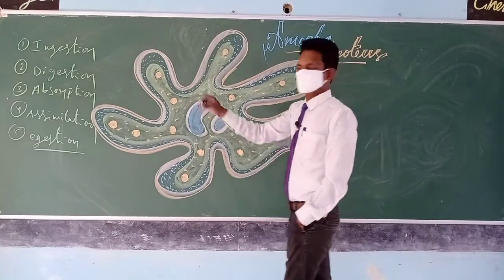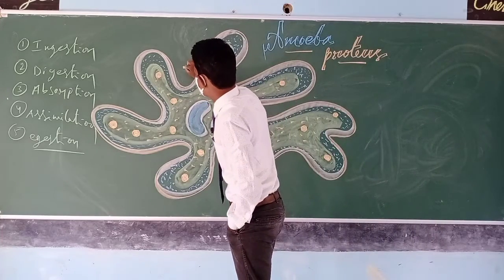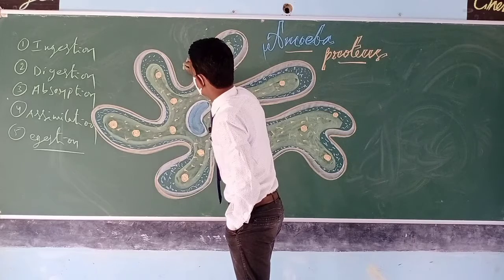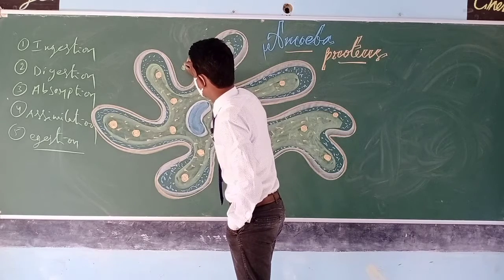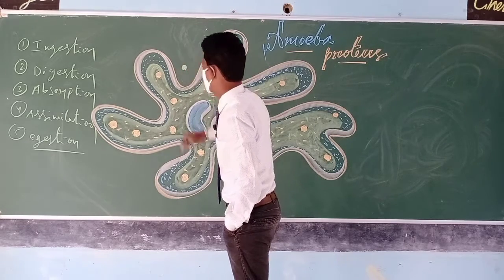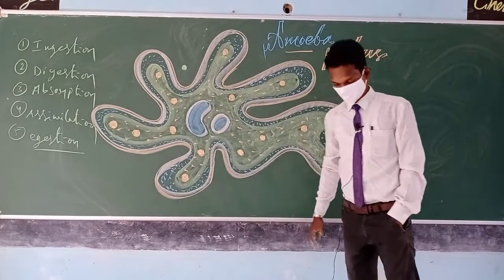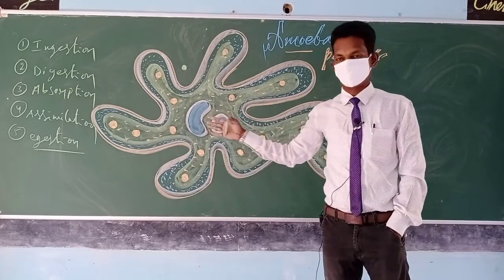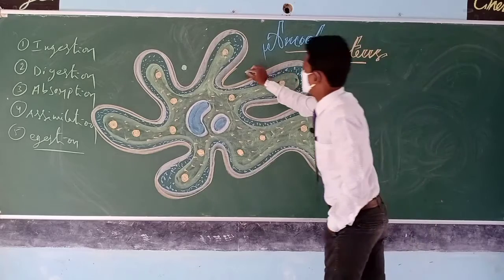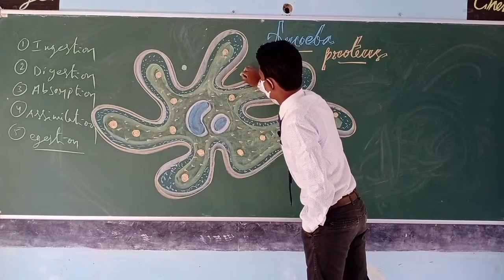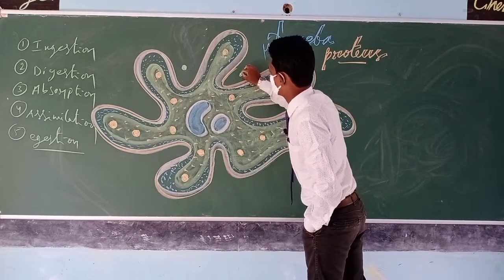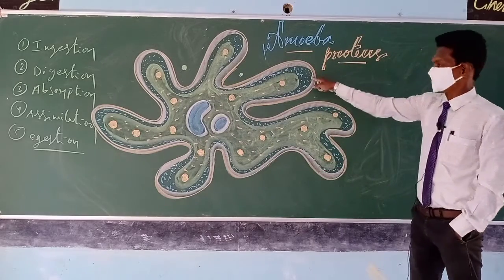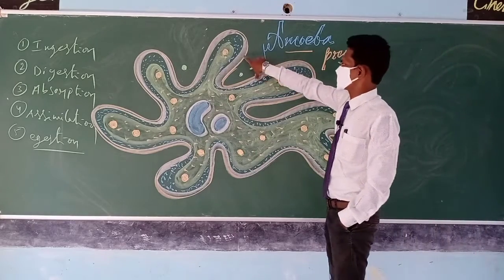We know already amoeba is an aquatic organism. So the smaller particles which are present in the aquatic surroundings, especially paramecium, the delicious food of the amoeba. Whenever paramecium comes into contact with the amoeba, especially the cell membrane, with the help of ectoplasm the finger-like projections are formed.